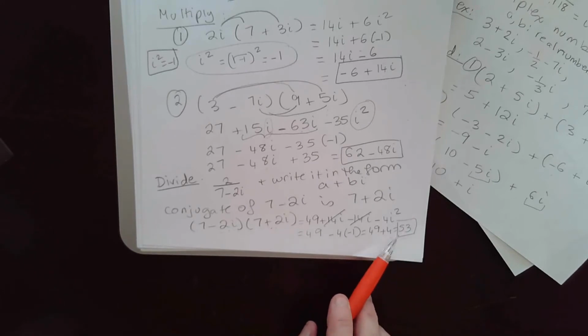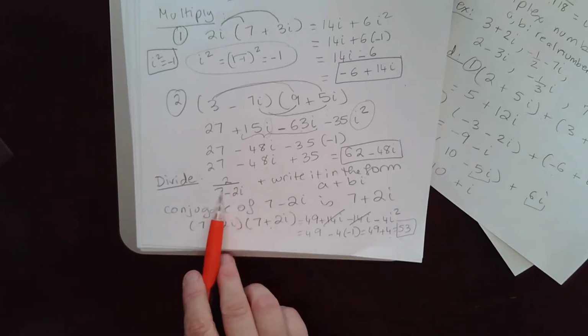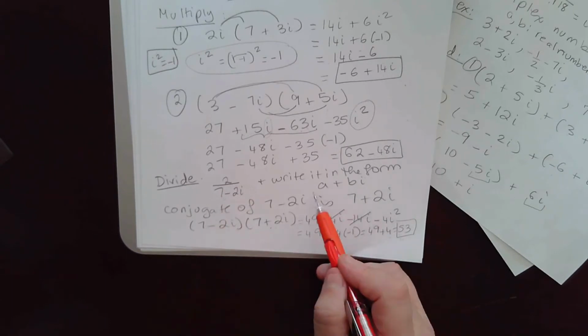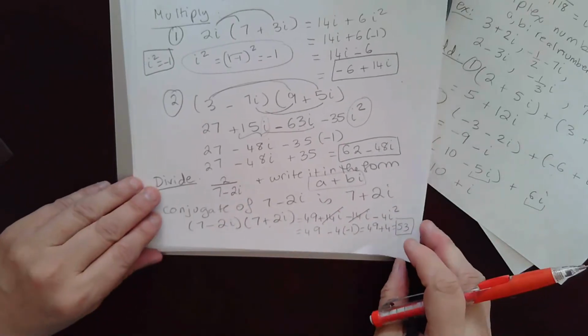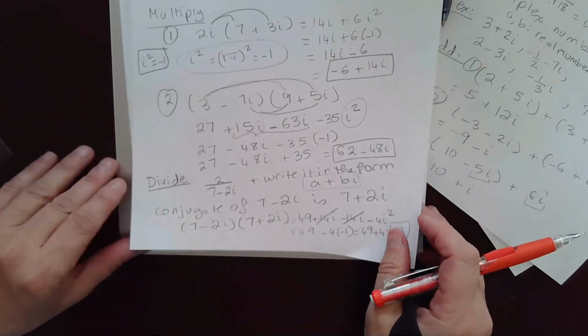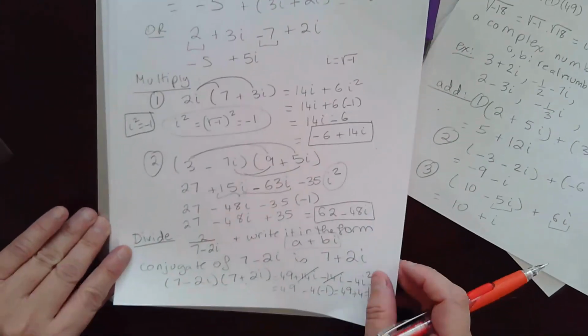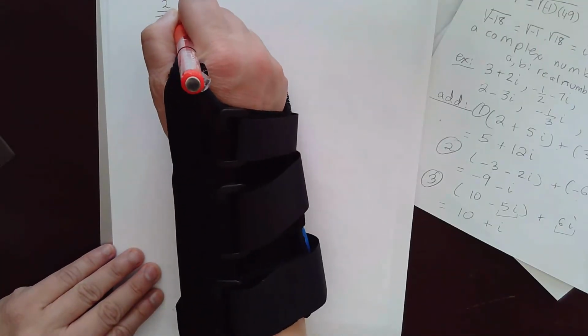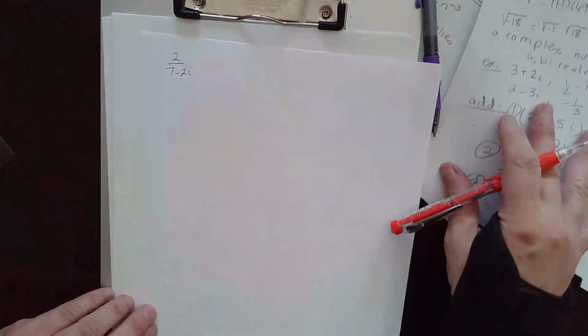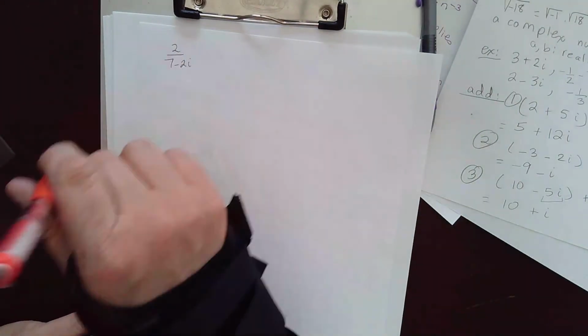So this is going to help us in getting rid of the i in the denominator, because we want to write it in that form. Okay? So let's use our example. 2 over 7 minus 2i. Let's divide it and write it in the form a plus bi.